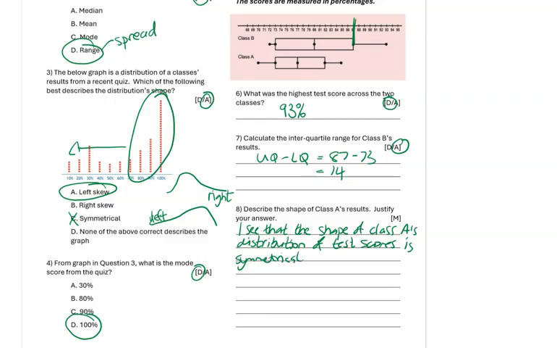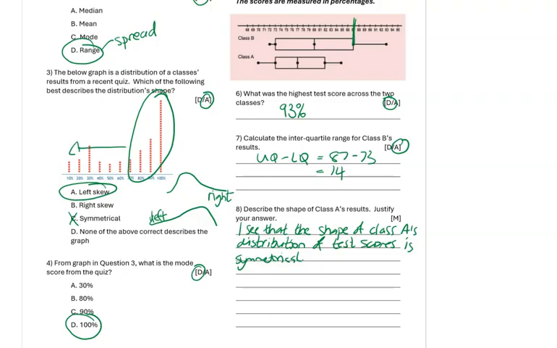And I just want to note a few things about that answer. I've clearly stated it's symmetrical, and I've also used the context. I've talked about the test scores, I've talked about class A, I've even used the word shape in there. So don't just say it's symmetrical. Go a bit further to make sure you're getting those marks.